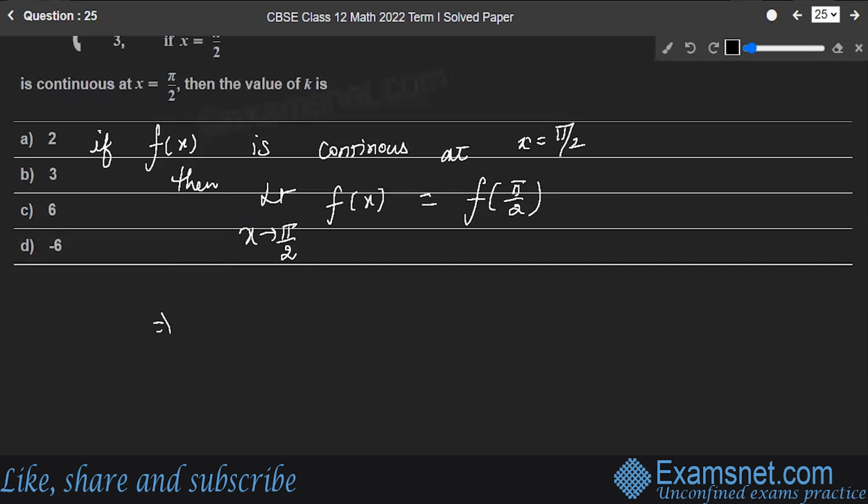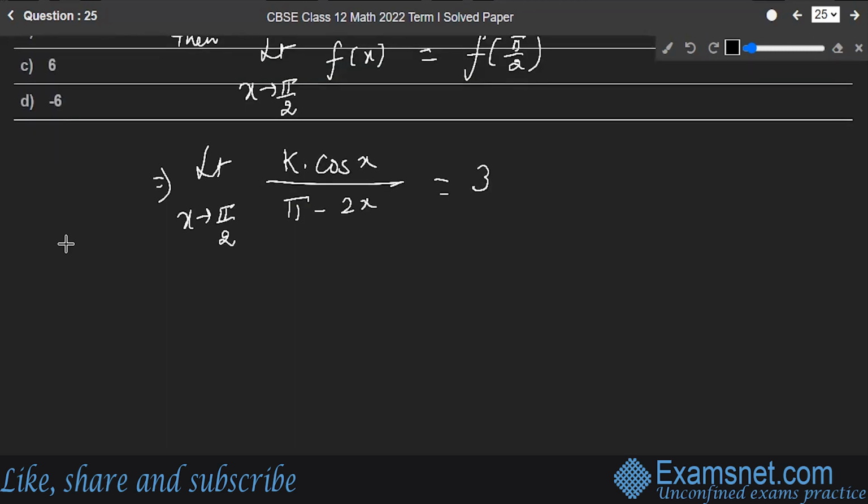So that means here you have limit x approaching pi by 2, k into cos x divided by pi minus 2x should be equal to 3. Let's take the k outside. Limit k into limit x approaching pi by 2. I will write here the cos x can be written as sine of pi by 2 minus x because it lies in the first quadrant.